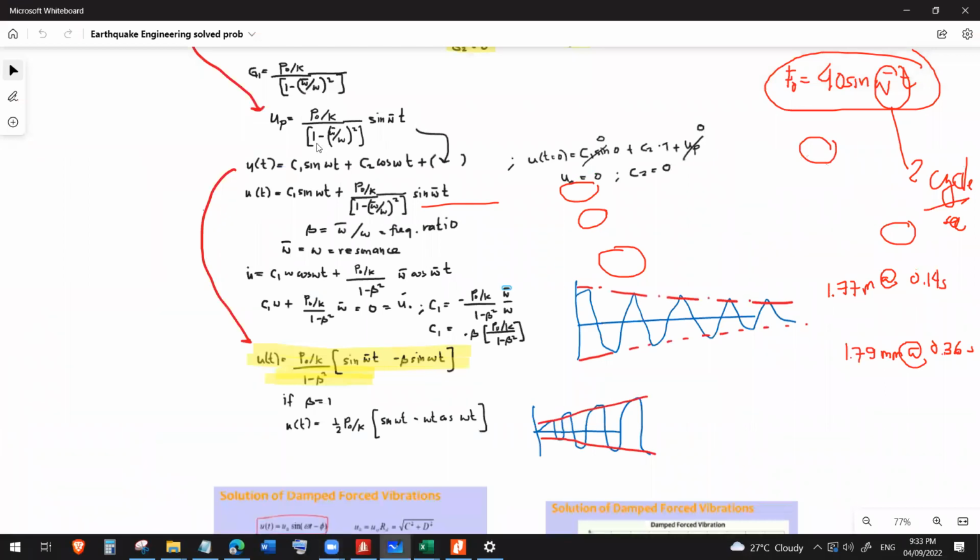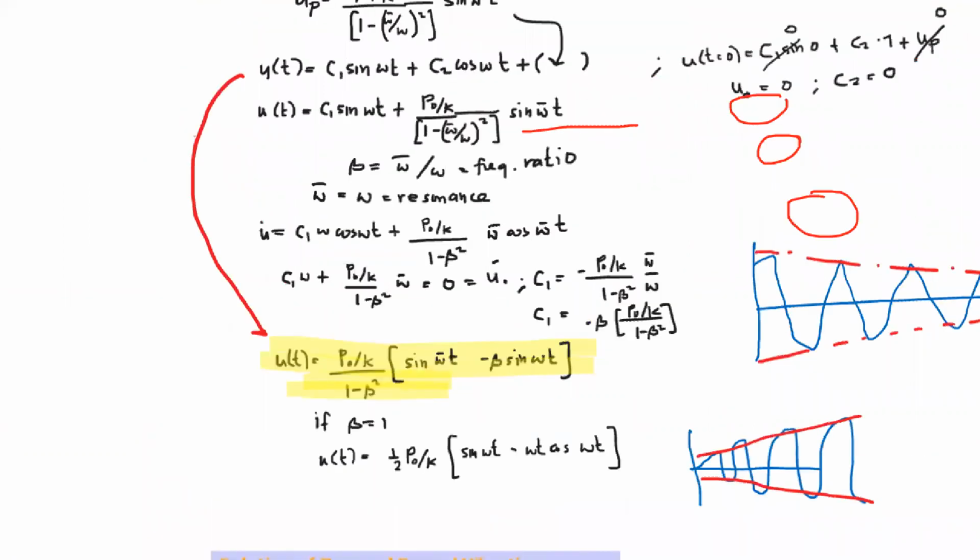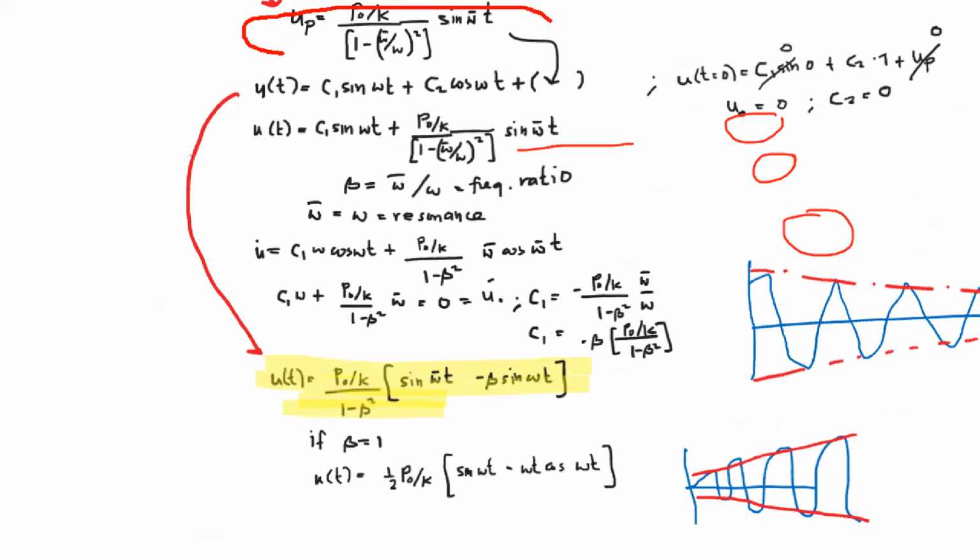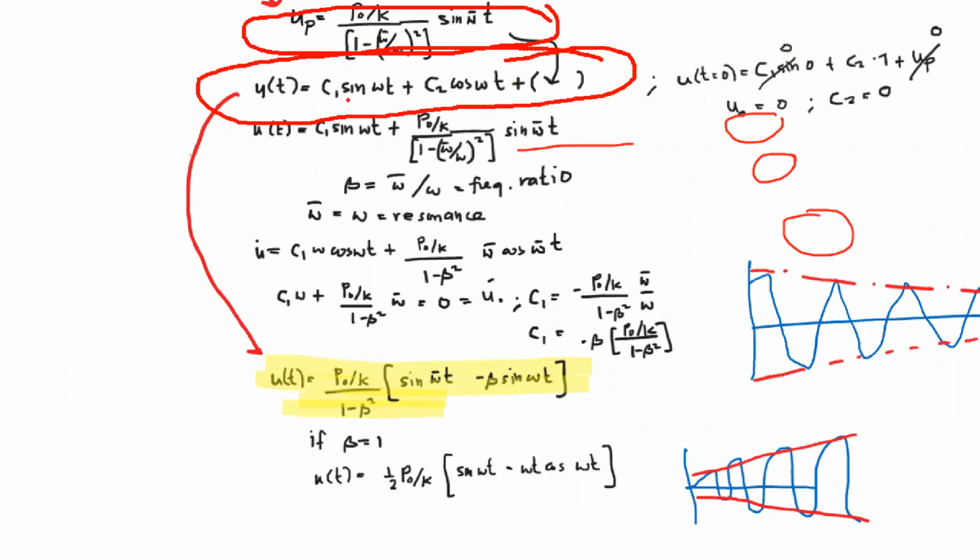Remember, during our derivation, we were able to come up with a response. We derived that, combining the homogeneous solution and the particular solution, and then finding the value of C1 because we know that C2 is equal to 0 here.